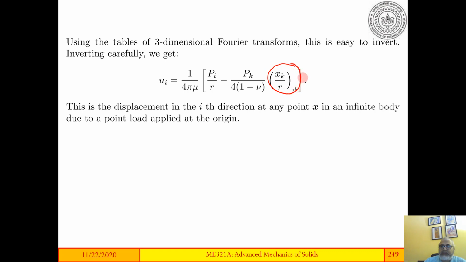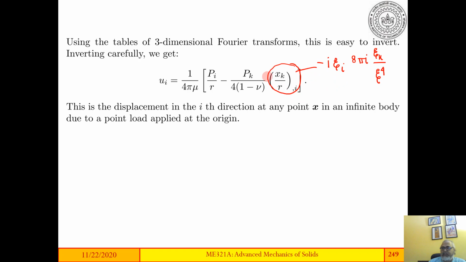So the derivative with respect to i of this would be i zeta i of 8 pi i zeta k by zeta to the power 4, minus, I think.